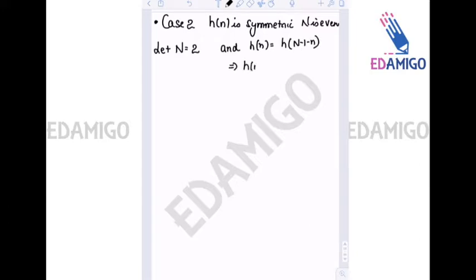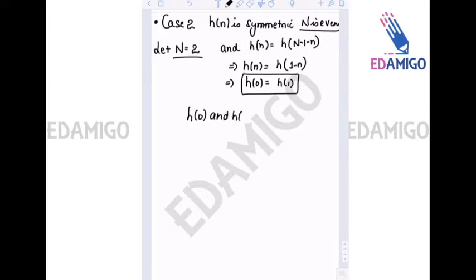This implies Hn is equal to h of 1 minus n. This implies h0 is equal to h1. Now since n is 2, Hn has only two non-zero values, that is h0 and h1 only. Only non-zero terms.